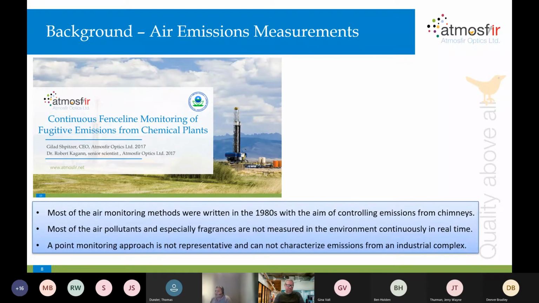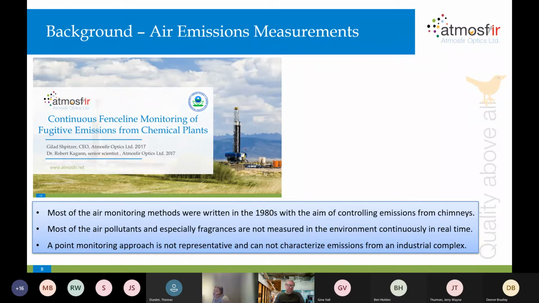Most of the air monitoring methods were written in the 70s and 80s, with the aim to control the emission from chimneys. And we succeeded with that. We started monitoring the chimneys, and the pollution going out of the chimneys went down. Actually, now the majority of the emission, and we'll discuss where it's coming from, is not from the chimneys.